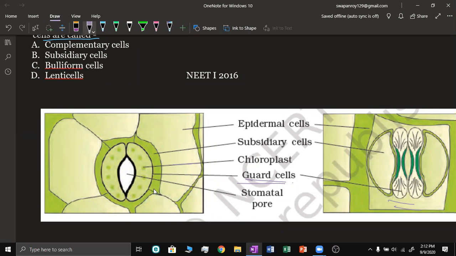So 1, 2, 3, 4 are here. These are also epidermal cells, but these are slightly special compared to the rest of the epidermal cells, and these cells are known as subsidiary cells. So our answer will be subsidiary cells.